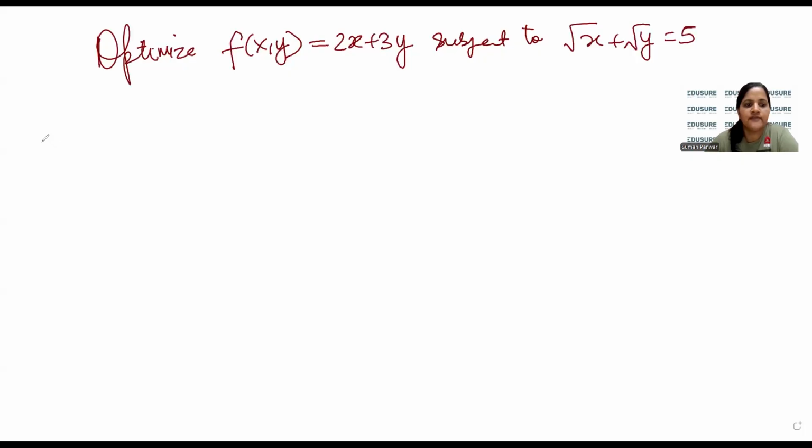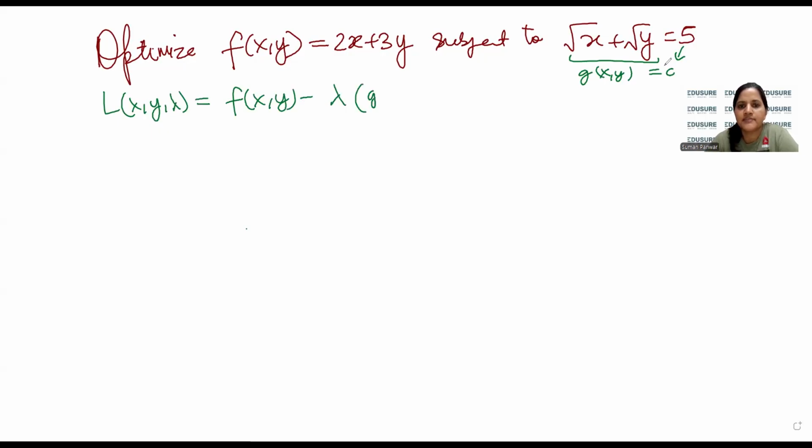Now, in this case, we can notice that this is our g(x,y) and this is our c. So the Lagrange function should be written down as f of x, y minus lambda times g of x, y minus c.